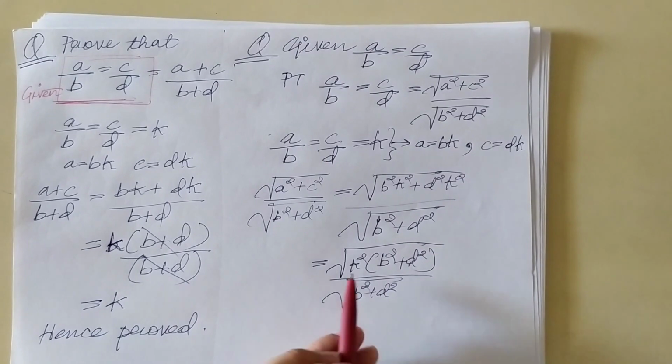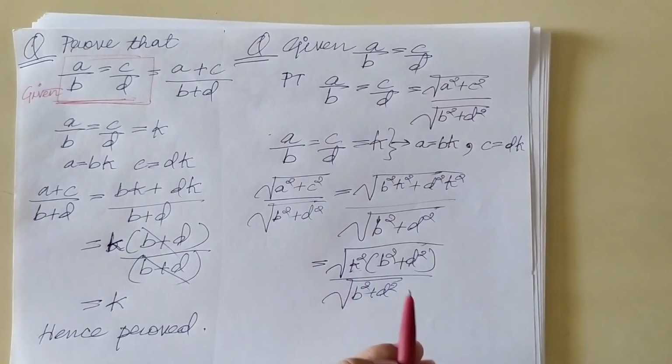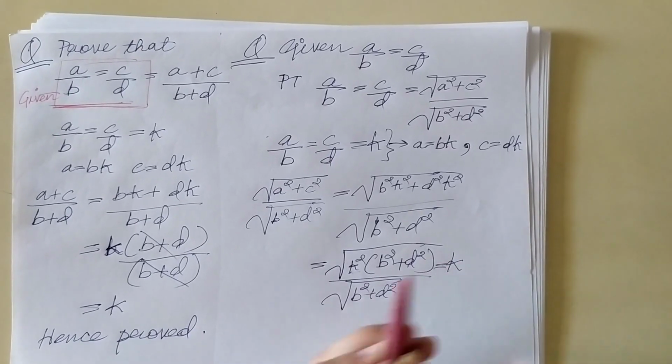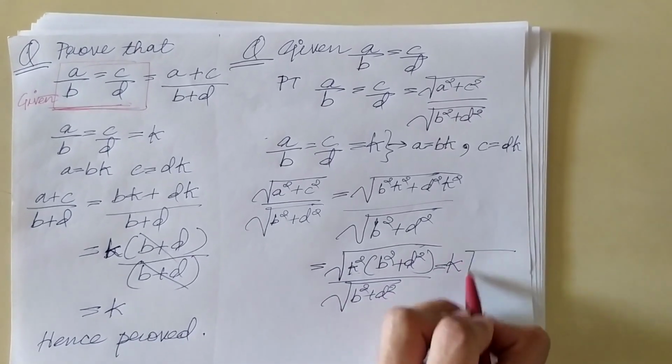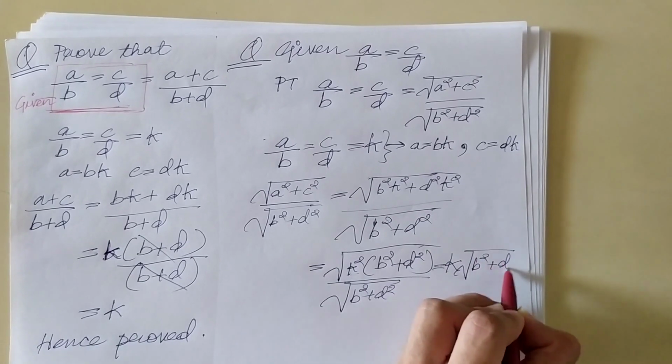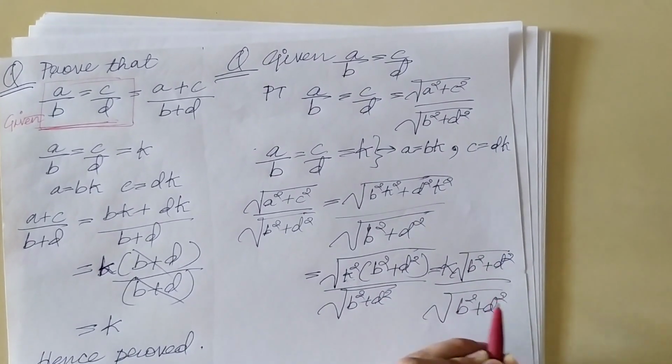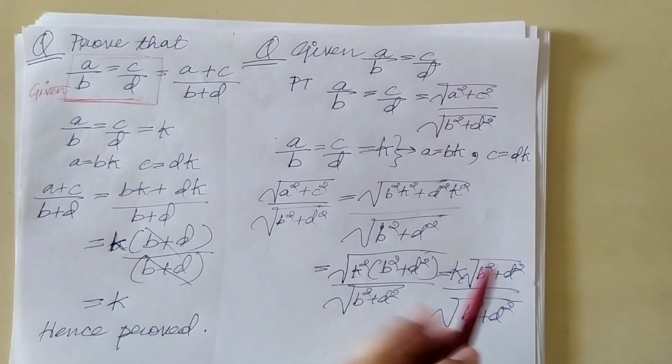So here we can take k square out of the root, which will become k, that is under root of k square is equal to k. And the remaining term will be under root of b square plus d square.